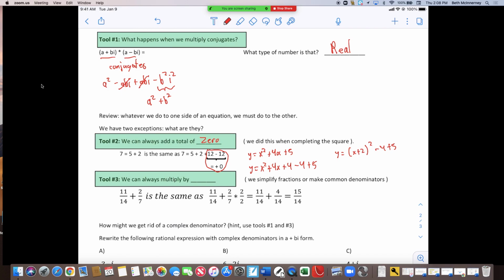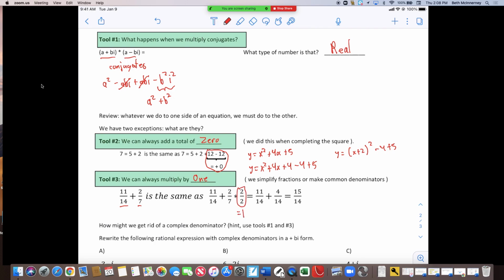Another thing we've been doing when we deal with fractions is we can always multiply one side by 1, right? Because when you multiply something by 1, it doesn't actually change its value. And so this is another tool that we've been using. So if you have fractions that have different denominators, like we have here, we have a 14 and we have a 7, and we want them to be similar, what we've been doing is taking this 7th and multiplying it by 2 over 2.